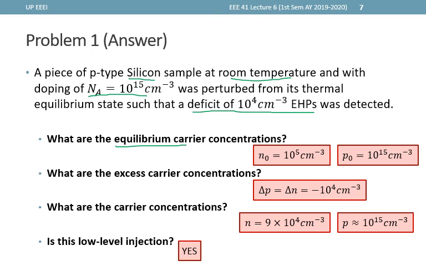Using these values, we were able to get n and p, and by comparing p and p naught and delta p, we were able to deduce that this case is low-level injection. So note that from the values, we can see that the majority carrier concentration is not affected significantly.